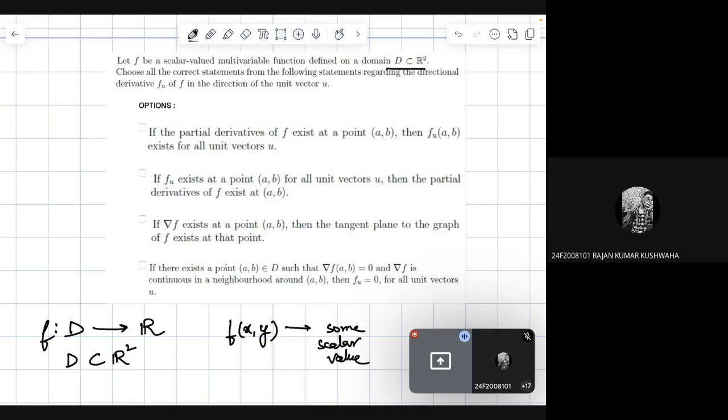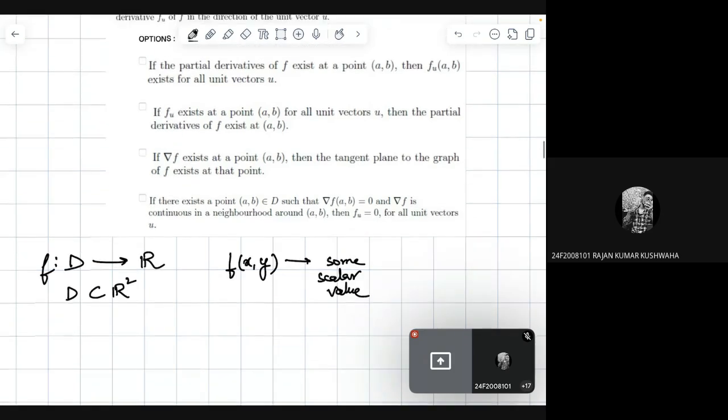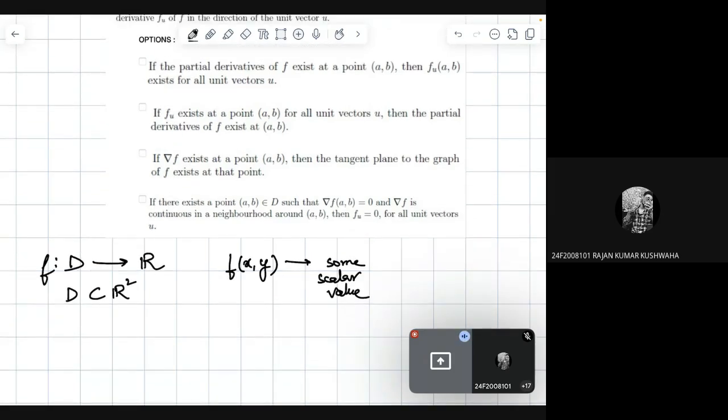Choose all the correct statements from the following statements regarding the directional derivative fu of f in the direction of unit vector u. What is the first option?